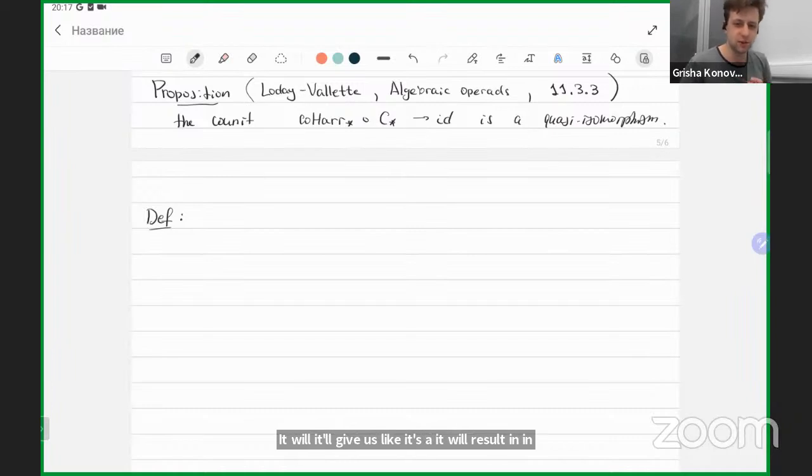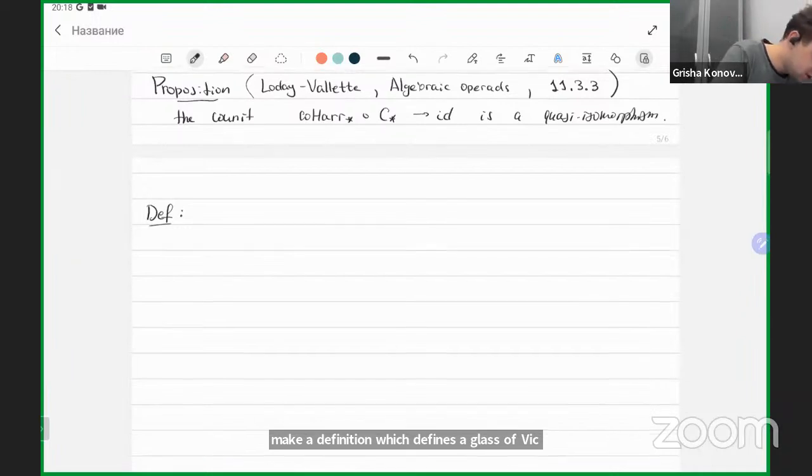So let me make a definition of a class of weak equivalences which we want to invert in the category of co-commutative coalgebras.